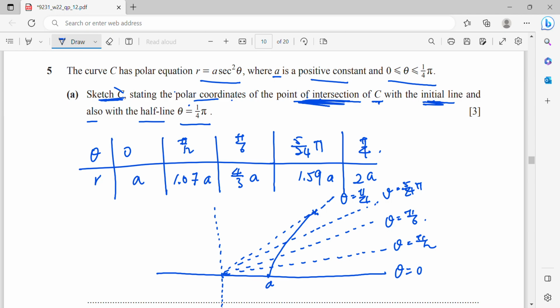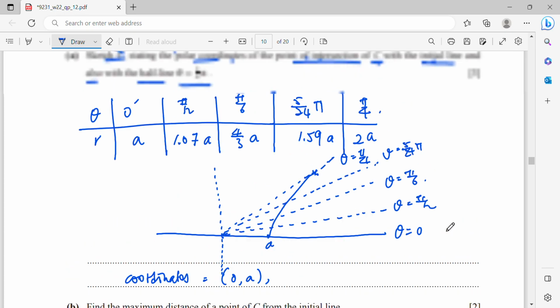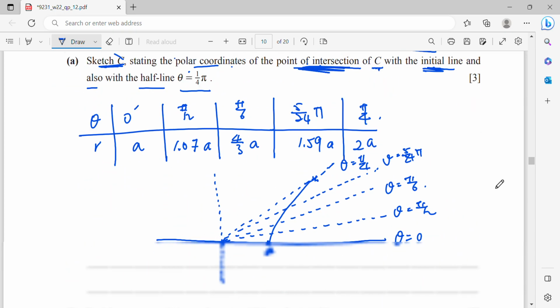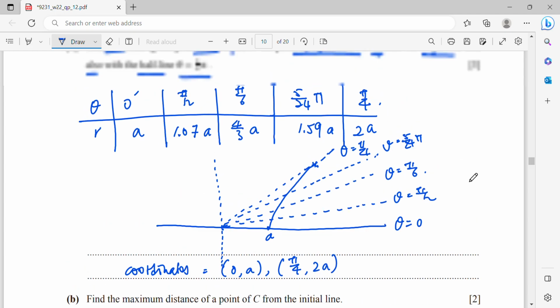For the initial line, it will be theta 0, so the coordinates, you should write, are 0, A. And then the half line, pi over 4. When theta is pi over 4, r is 2A. So here, pi over 4 and 2A. These are the coordinates for the two intersection points.